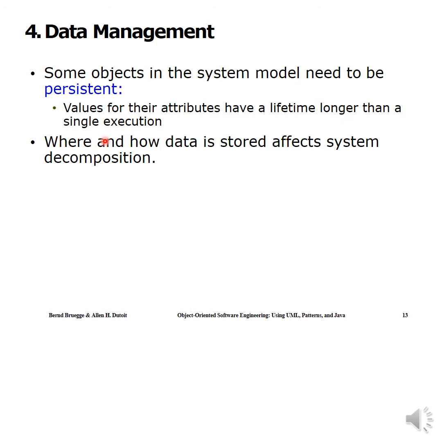For example, at the end of the day, an author saves his work into a file on a word processor. The file can then be reopened and used later. So where and how data is stored has an effect on the decomposition of the system.